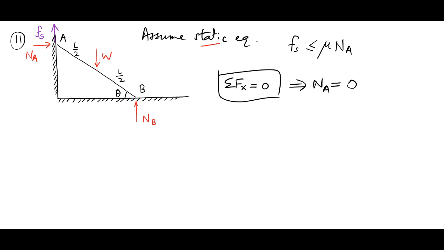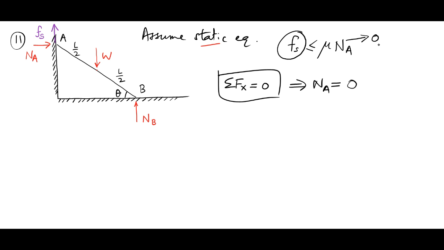But before that you must realize that once Na becomes numerically equal to 0, there is one more force in the FBD which will vanish, and that's going to be Fs, because the magnitude of Fs is less than or equal to mu times Na.